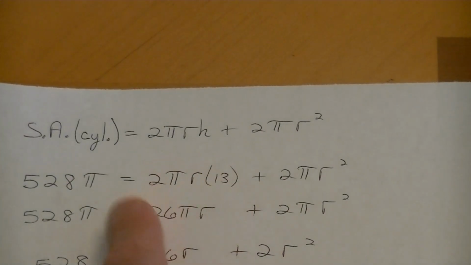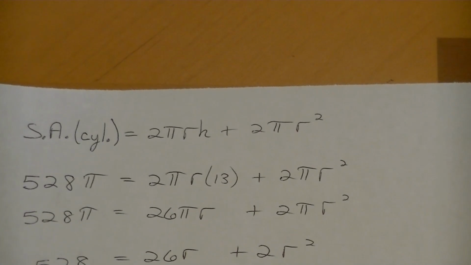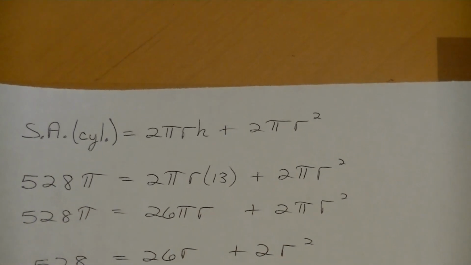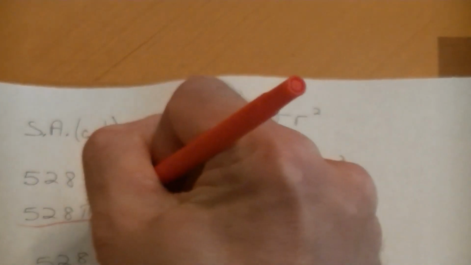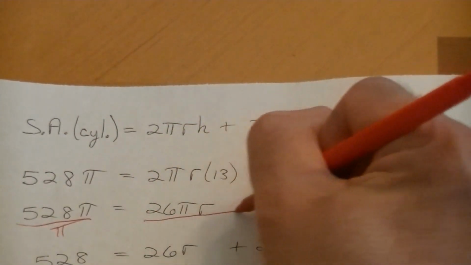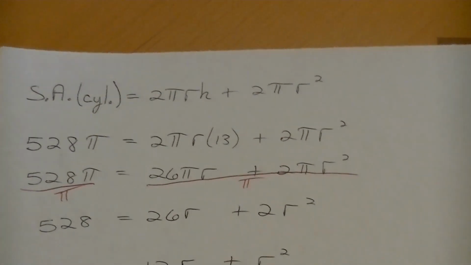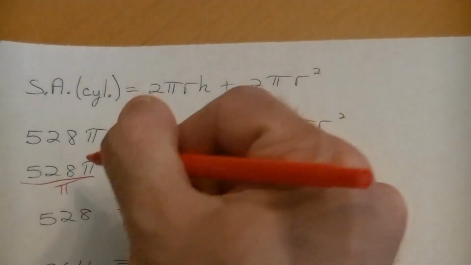For starters, 13 times 2, I just made 26. And I noticed that all of these terms have a factor of pi. So if I divide both sides by pi, then the pi terms cancel, right?